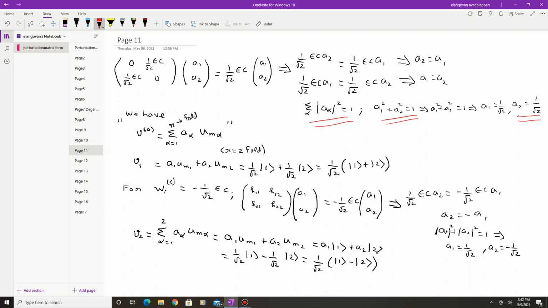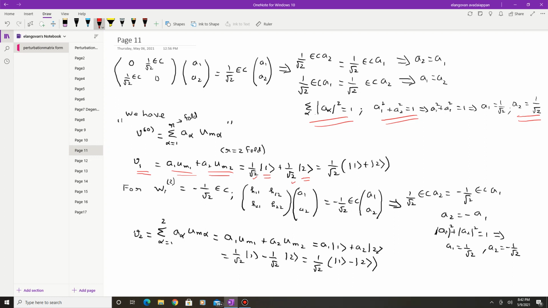Therefore the wave function corresponding to this state may be expressed like this: summation over alpha from 1 to R of A alpha times U m alpha, where these are the coefficients. R is the degeneracy; here it is a two-fold problem, the degeneracy is 2, therefore there are two terms, A1 U m1 and A2 U m2. U m1 is ket vector 1, U m2 is ket vector 2, and A1, A2 we have already determined, which is 1 by root 2 each.